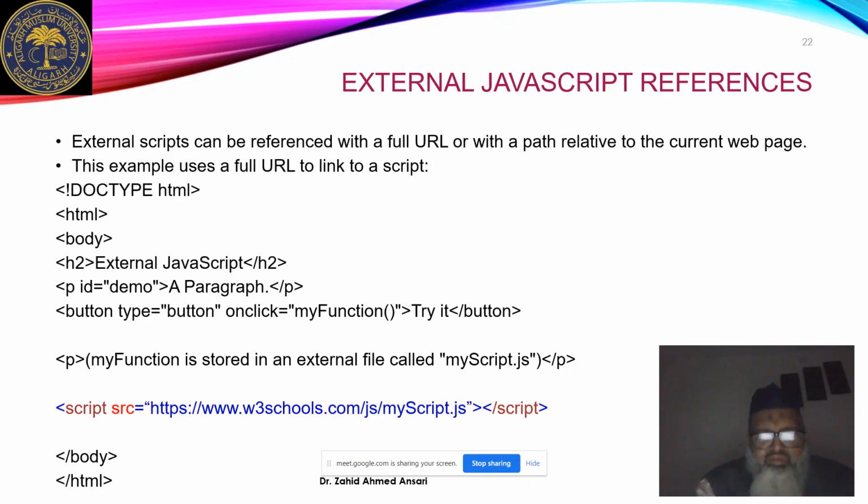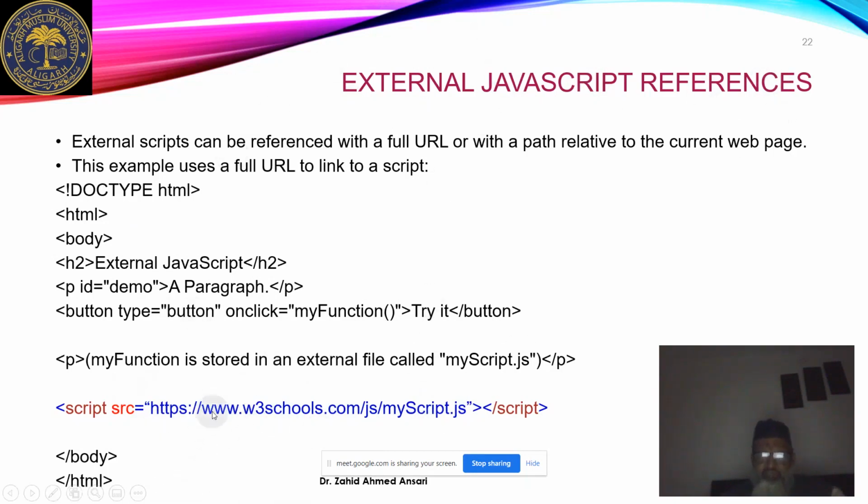If there is some script on a web page, you can specify the full path also, for example myscript.js from www.w3schools.com/js/myscript.js. It's the same thing: external JavaScript, a paragraph, a button, and you are calling my function, and you are giving the full path from where this function can be found on the web.